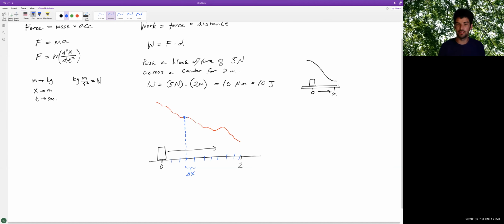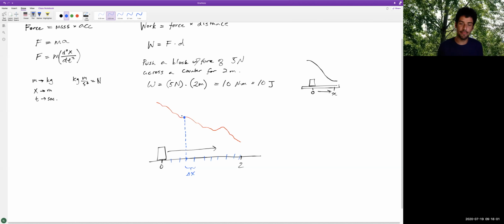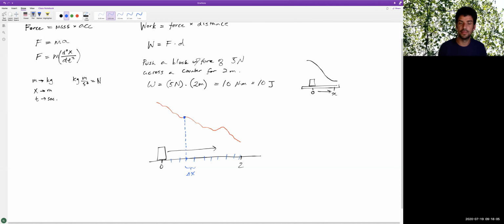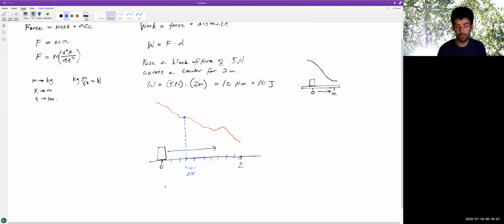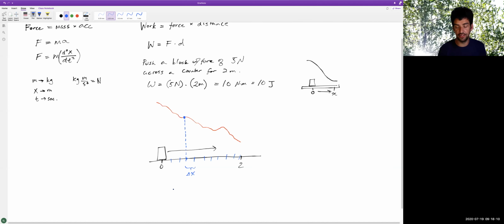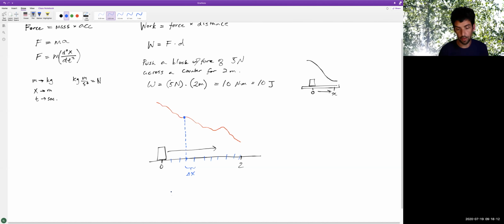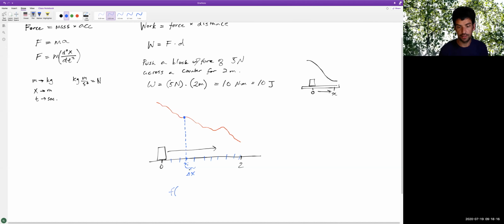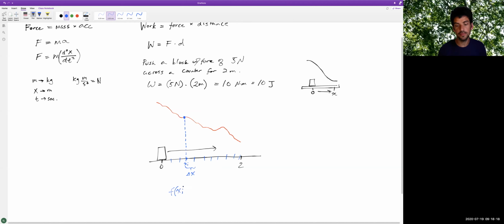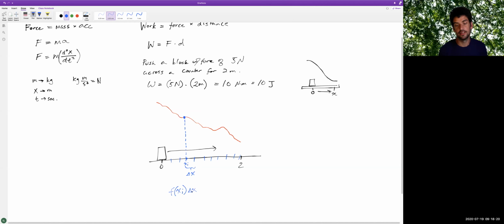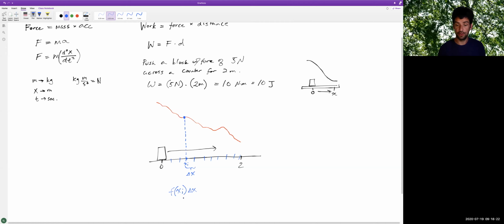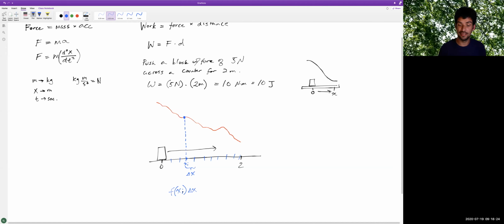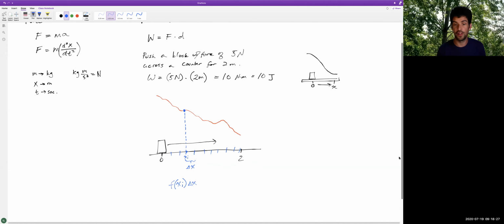I see from my picture it's not, but it doesn't decrease that much over the interval, so it's reasonable to make an approximation with that force. In other words, the work done just on this interval would be whatever my function for the force is, times, let's call this x sub i, times delta x, right? That's the force times the distance. This is the approximation over that interval.